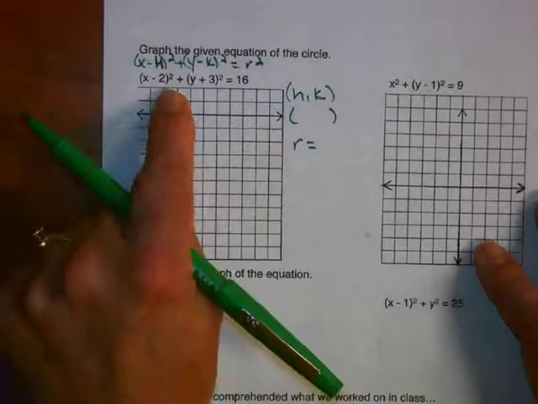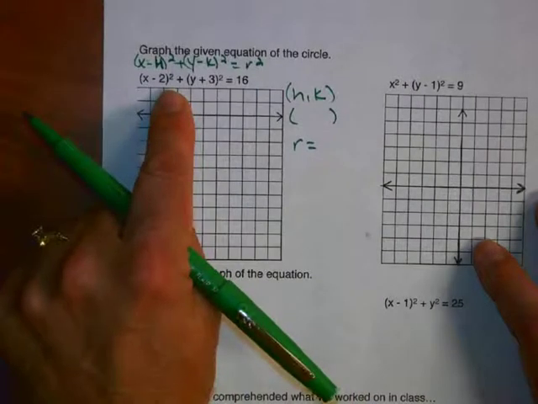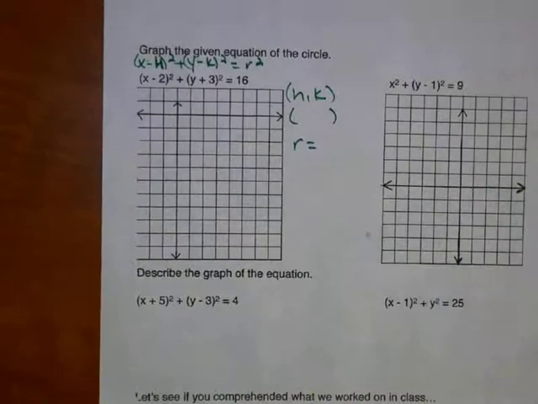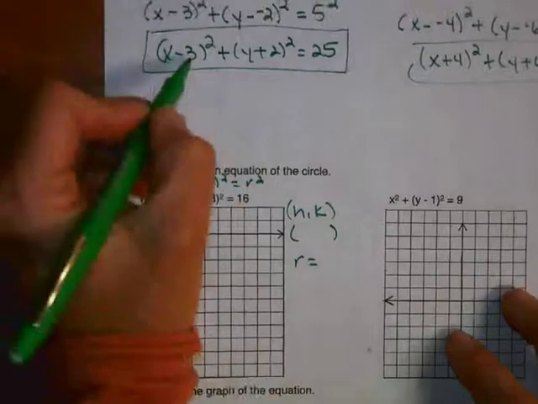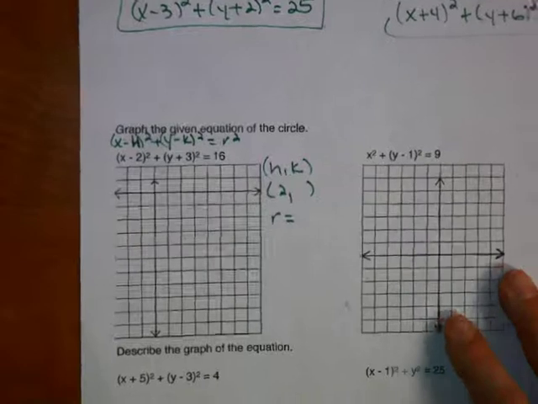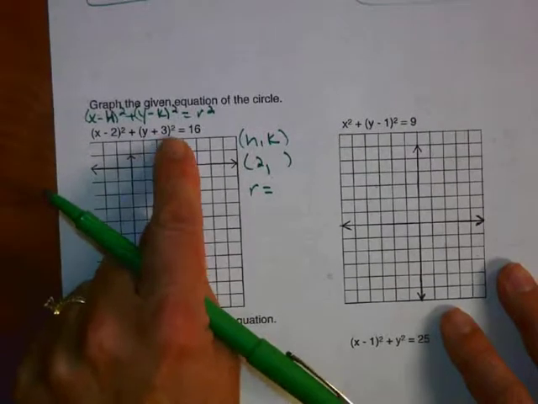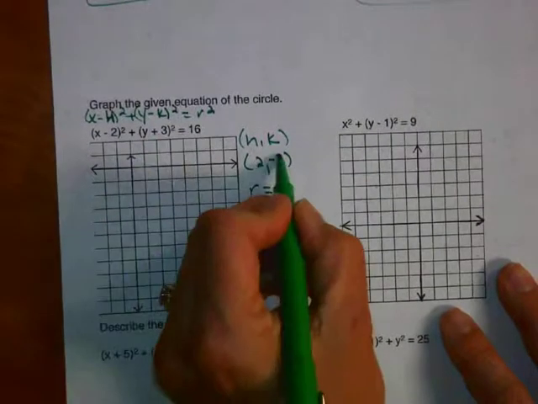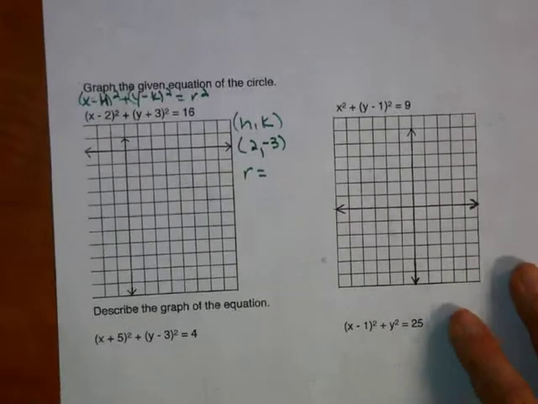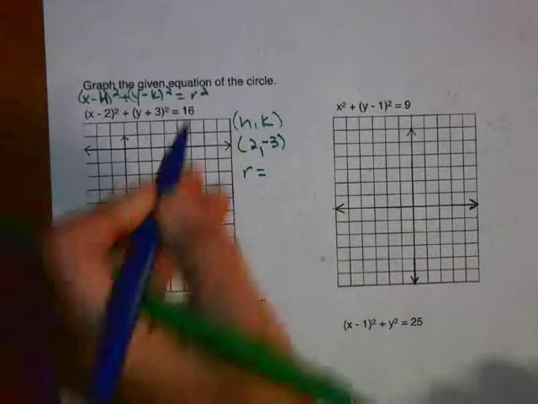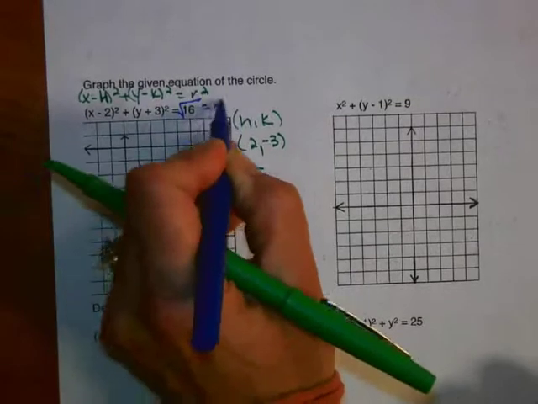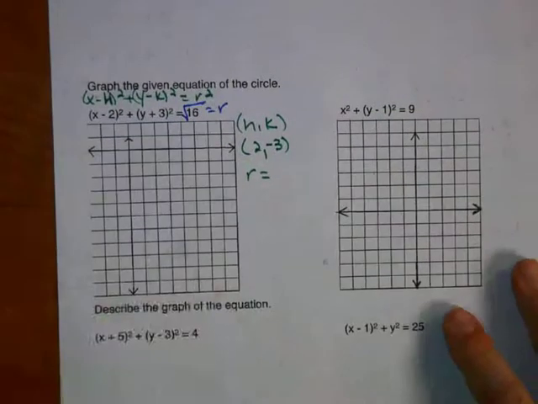I'm pulling it right out of here. What is my H? 2. It's not negative because the general form starts as a minus. So it was a positive 2 that went in there. And in order for that to become a plus, K had to be a negative 3. Okay? And then the radius, you just take the square root of that to get your R. Take the square root, and that's 4.